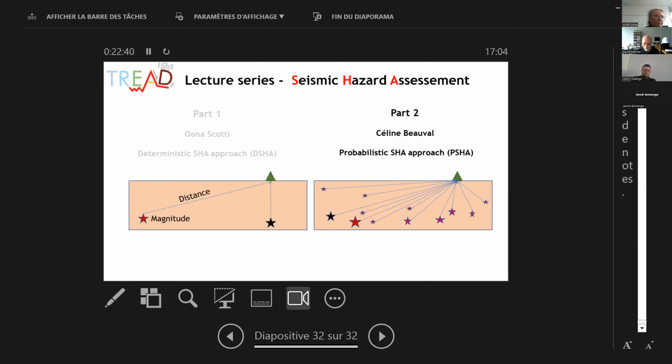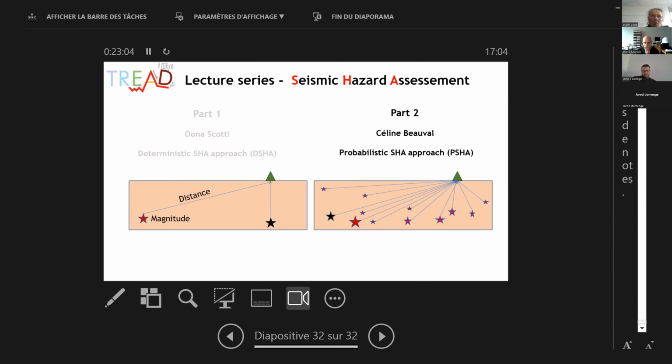Okay, so it's a very conservative way of dealing with the hazard, because you have your earthquake just underneath your feet. Well, it's conservative in most cases where the seismicity is low, for sure. Conservative with respect to probabilistic approaches.